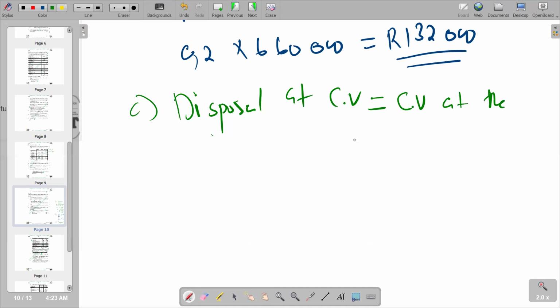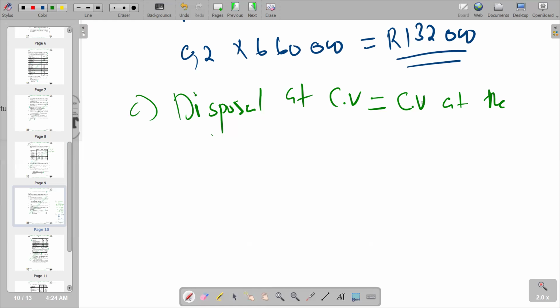The carrying value that we have in the beginning, and then we are supposed to add any additions if they are there, and we are also supposed to subtract carrying value in the end, and we subtract also depreciation from there.